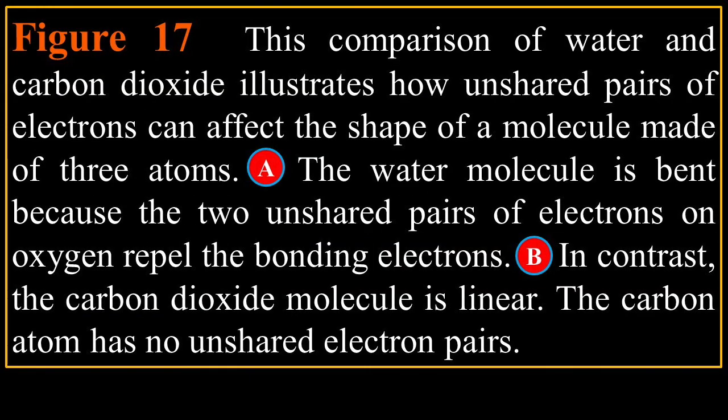Figure 17: this comparison of water and carbon dioxide illustrates how unshared pairs of electrons can affect the shape of a molecule made of 3 atoms. The water molecule is bent because the 2 unshared pairs of electrons on oxygen repel the bonding electrons.